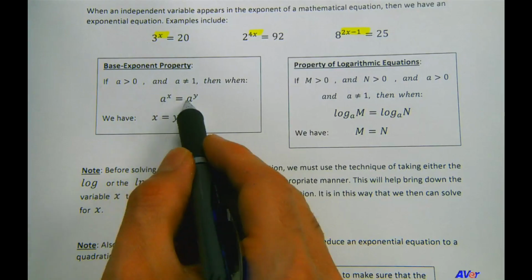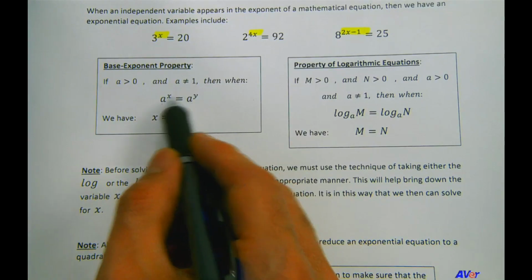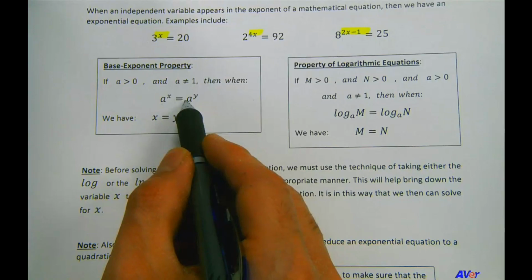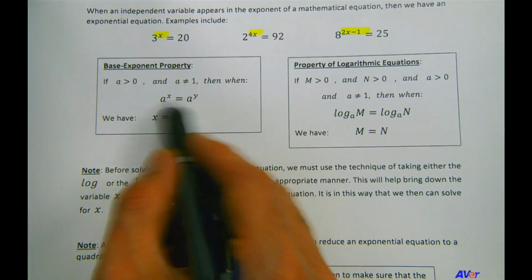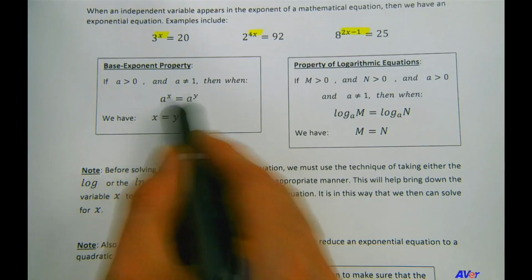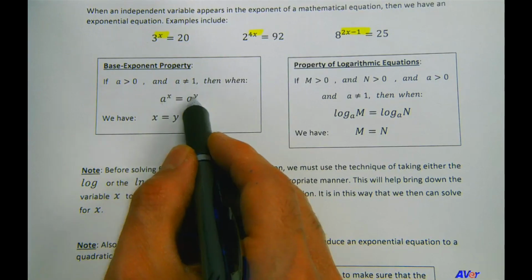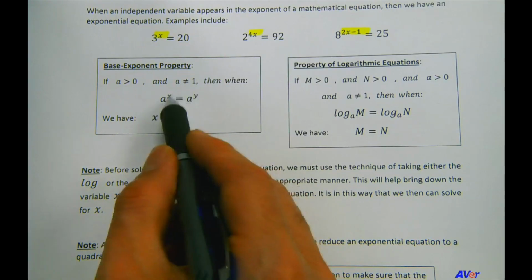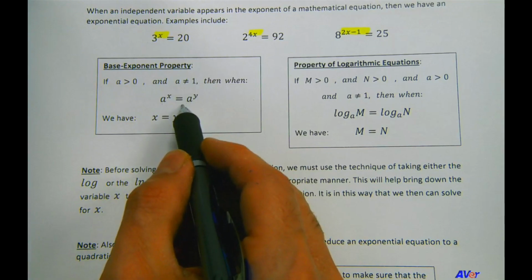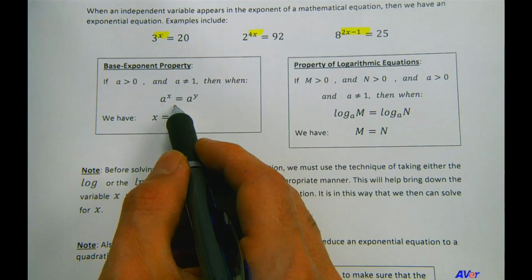Then we concluded that if these two sides are to be equal, and if the bases are already equal, then the exponents must be equal. So we set the exponents equal to each other, and we knew the answer to the problem. Remember in the previous video when we were evaluating logarithmic equations or exponential equations?